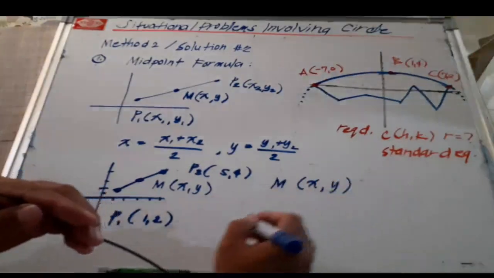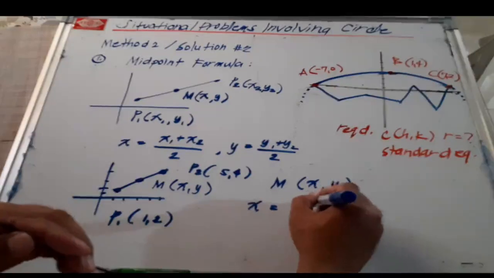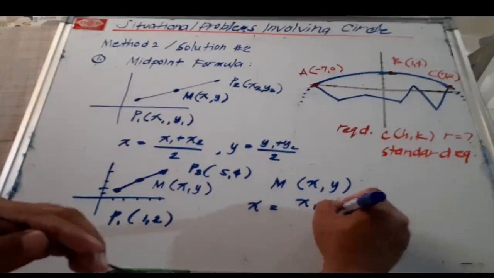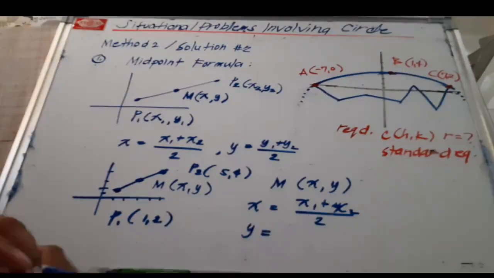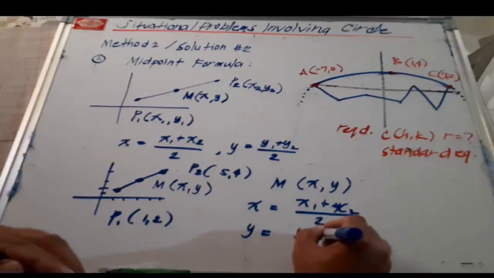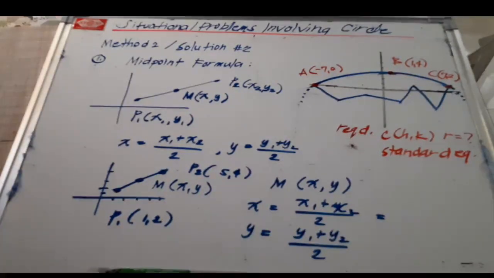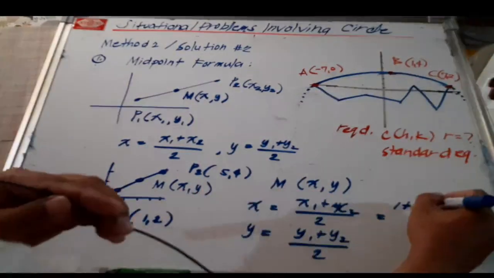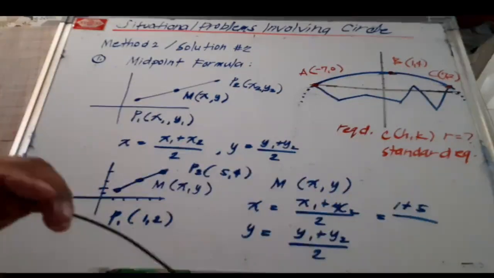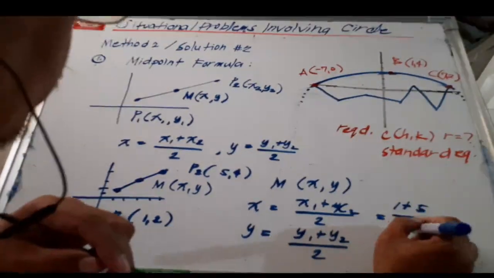(x, y), x equals x sub 1 plus x sub 2 over 2 for the abscissa of the midpoint. For the ordinate, we have y sub 1 plus y sub 2 over 2. And then we substitute given values of points P1 and P2. We have x sub 1 is 1, x sub 2 is 5, divided by 2.